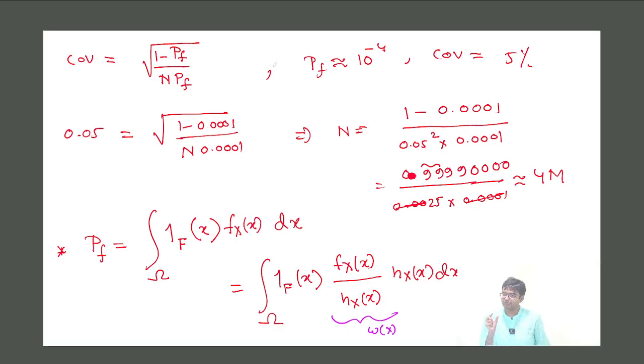The reason is that you do not get enough failure points. If the probability is 10 to the minus 15 and if you perform 1 million experiments, you will get 0 failure points. So, your probability of failure will be 0. So, there is a thumb rule. The thumb rule is that you should perform simulation until you get 10 failure points.